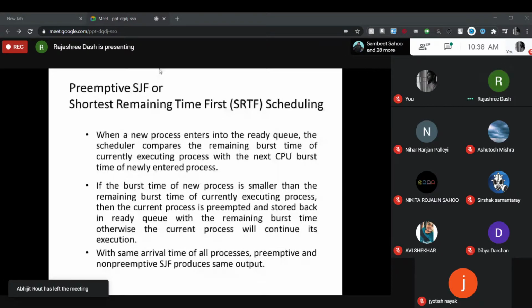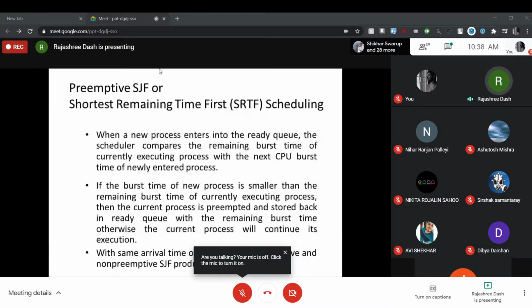Now according to preemptive SJF, when a new process enters into the ready queue, the scheduler compares the remaining burst time of the currently executing process with the next CPU burst time of the newly entered process.